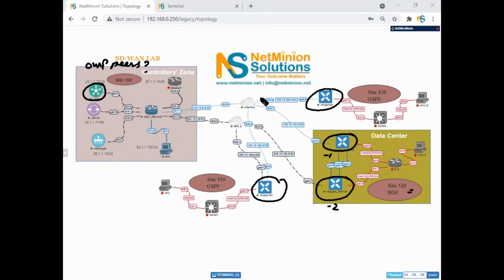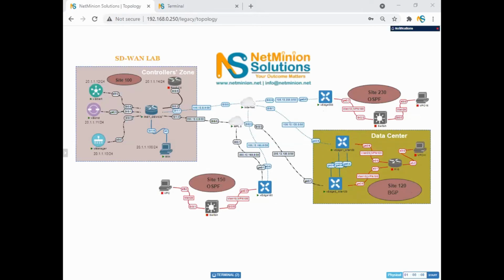Yes, it will be 4, because we have connectivity with all of these 4 devices, right? We don't care about how many transports we have. Transport can be internet or MPLS, but we should have 4 OMP peers on our vSmart.